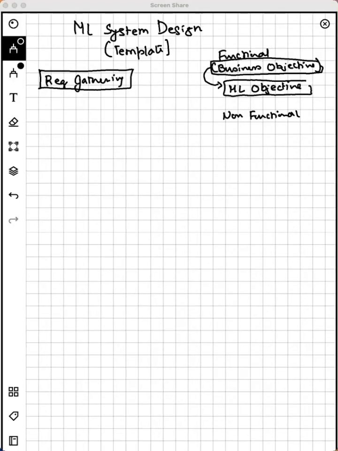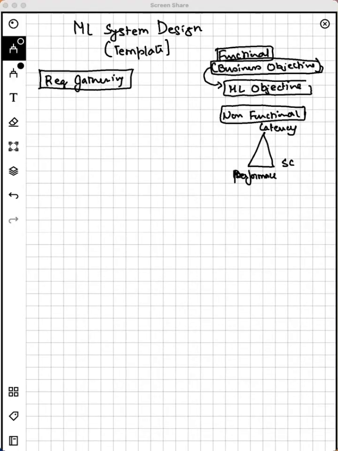Now let us look at what is non-functional. So non-functional has to do with some of the systemic requirements, right? So your ML system will always have to deal with four things, out of which three are pillars: you'll have to deal with the latency, you will have to deal with the performance, you'll have to deal with the scale, and another, let's draw it as a tangential one, which is sometimes the security aspect of things.